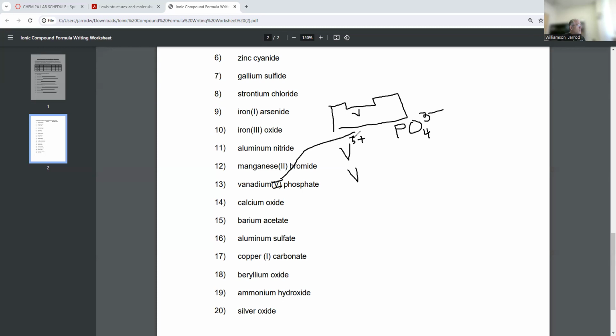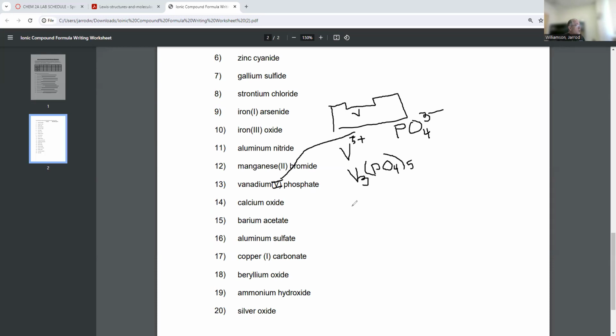Anyway, I'm going to need 3 of these and 5 of those for the charge to balance out to 0.